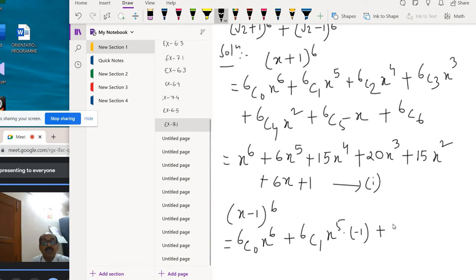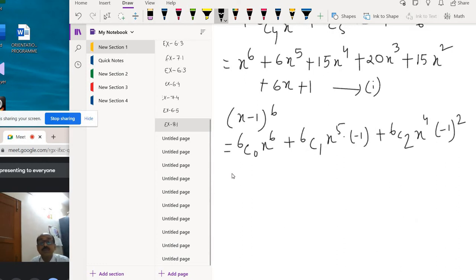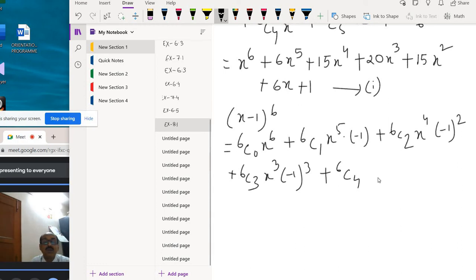Plus 6C2 into x to the power 4 into (minus 1) square. Plus 6C3 into x cube into (minus 1) cube. Plus 6C4 x square into (minus 1) to the power 4.